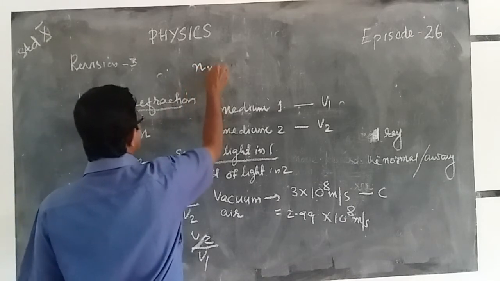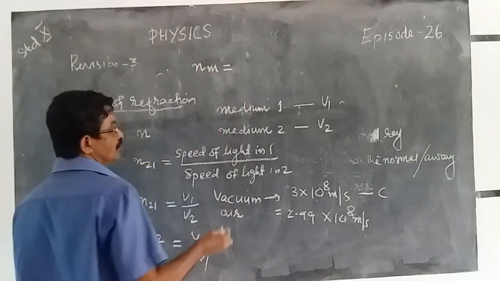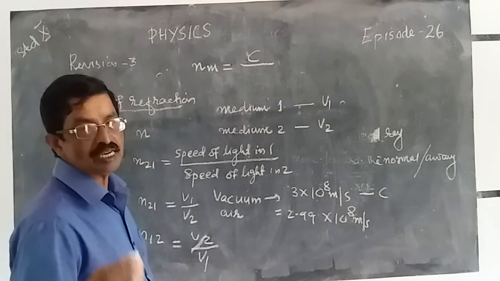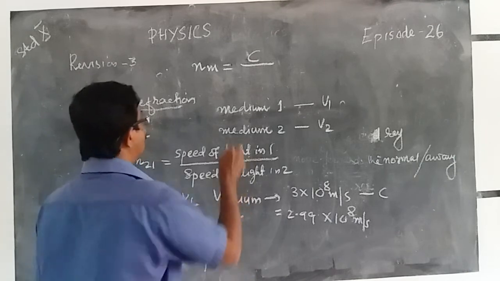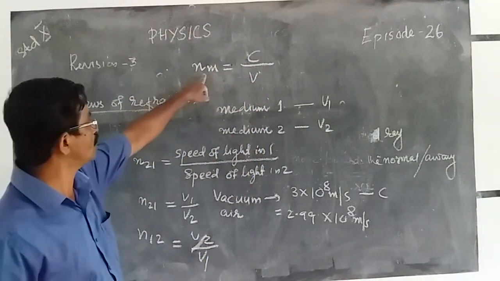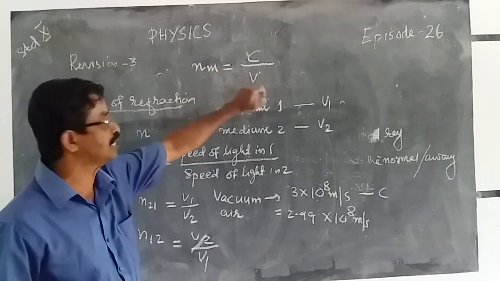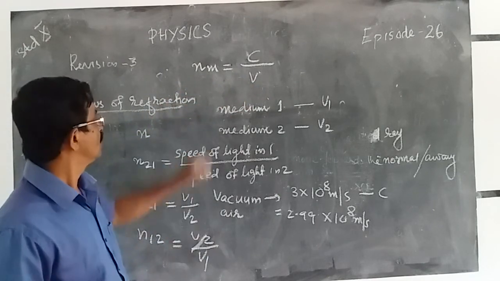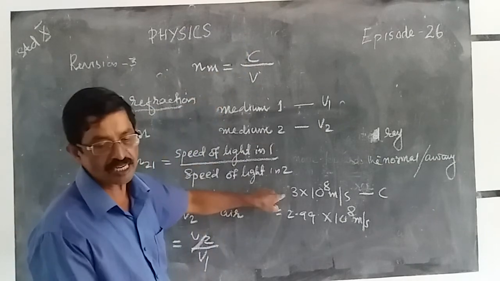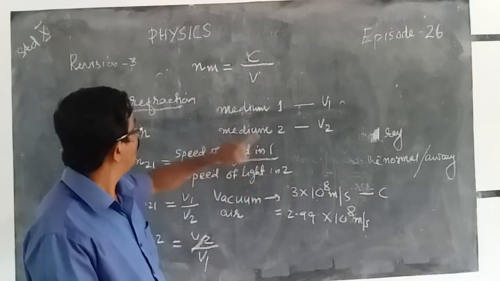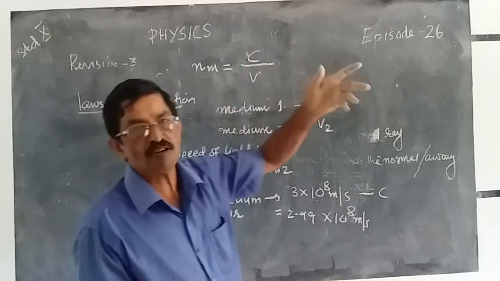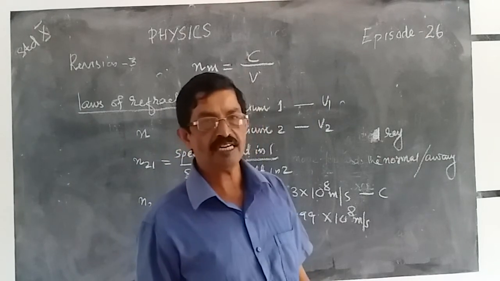That is, nm is equal to, with c the speed of light in vacuum and v the speed of light in any other medium, nm equals c by v. Here c is the speed of light in vacuum, 3 into 10 raised to 8 meter per second, and v is that in any other medium, it may be air or water, etc.